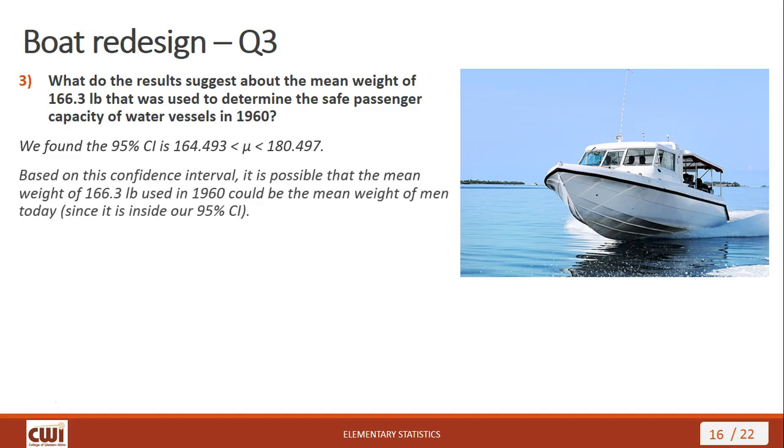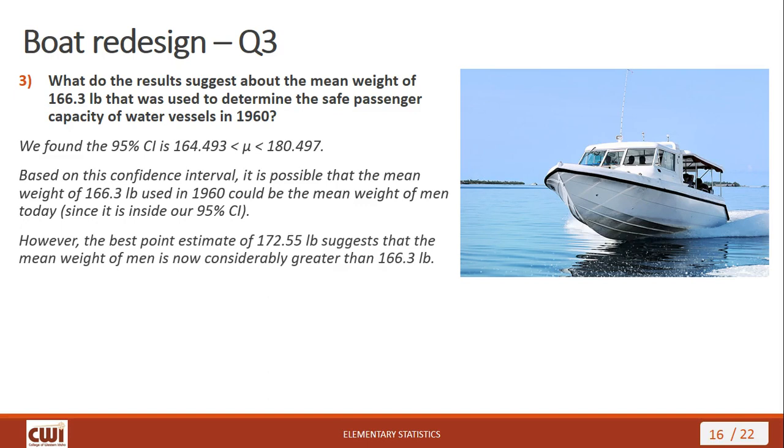So based on this confidence interval, it is possible that the mean weight of 166.3 pounds used in 1960 could be the mean weight of men today. It's inside the confidence interval. So it's possible, not saying it's probable, just saying it's possible that that value could still be good.